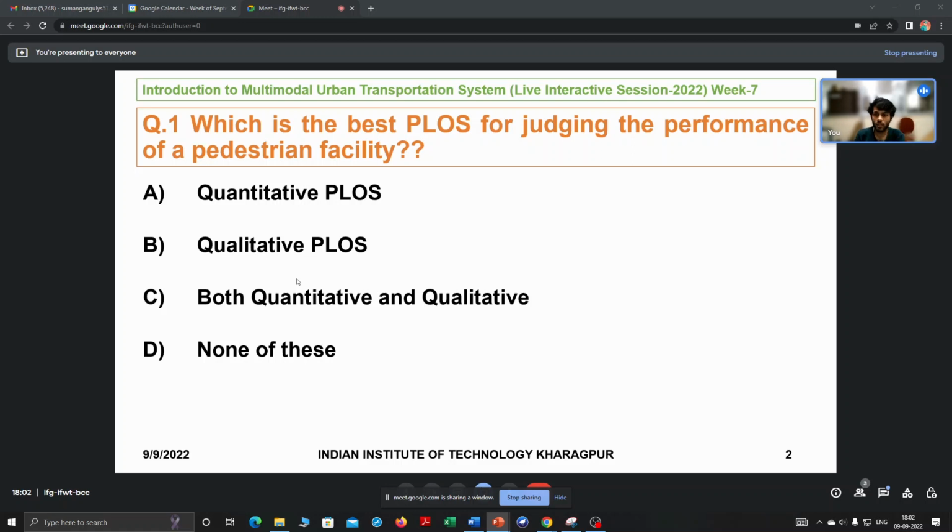If you have watched the course, you would already know that there is also a qualitative level of service, right? So what is the best pedestrian level of service for judging the performance of a pedestrian facility? As you rightly answered, it is both quantitative as well as qualitative. The reason being, if you take any one, it may not be a correct representation.